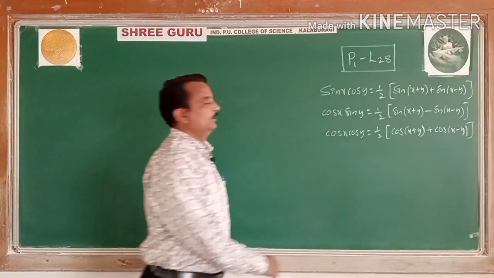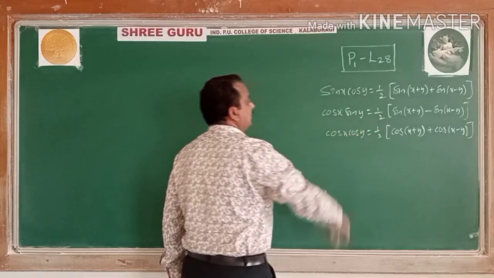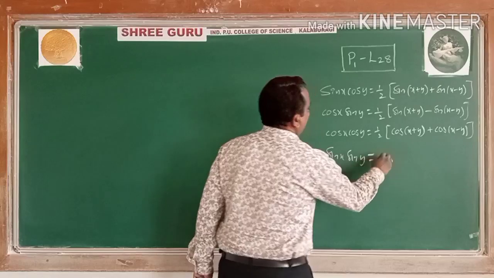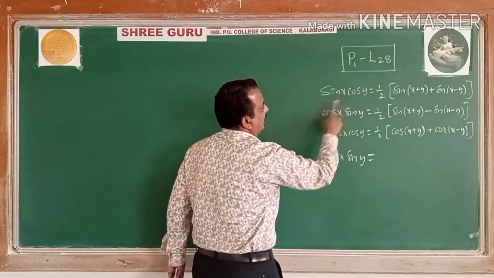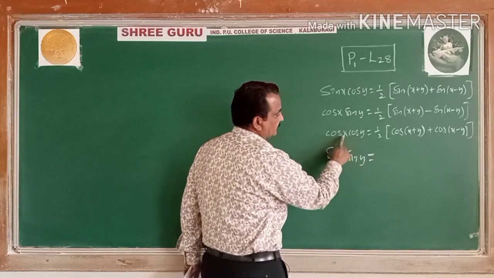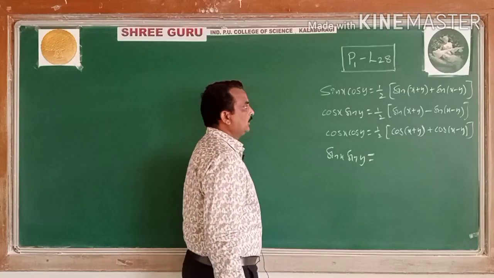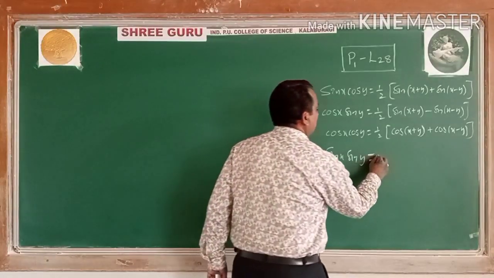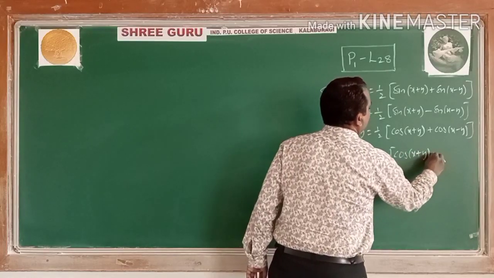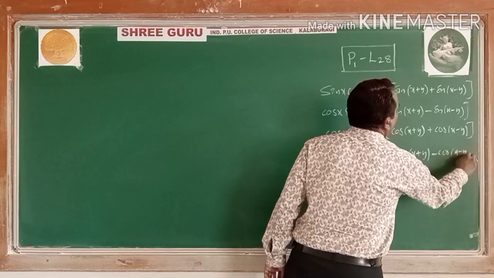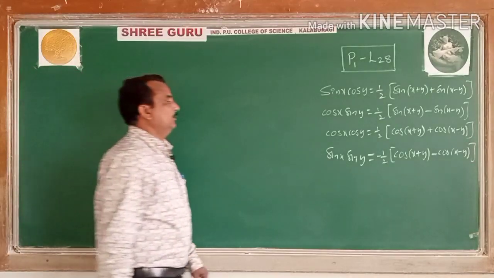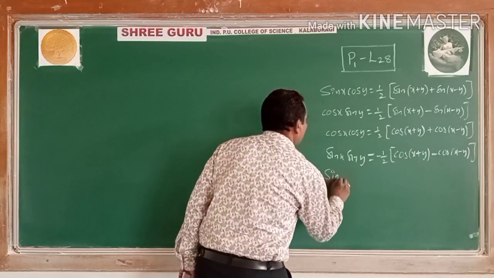Sin X into sin Y equals minus 1 by 2 into cos of (X plus Y) minus cos of (X minus Y). Here X and Y are two different angles, for any angles.